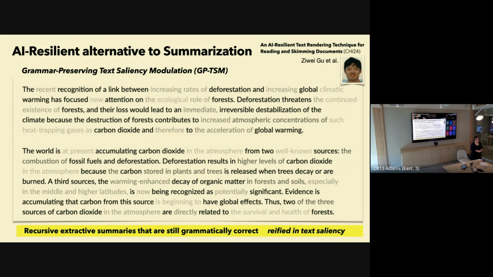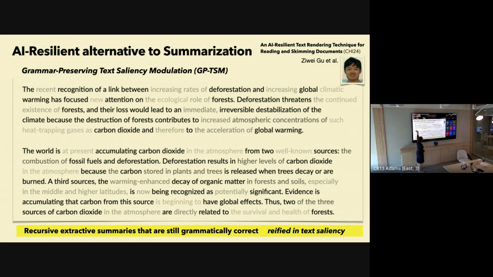So this is the first time we felt like we made a truly AI-resilient interface for the task of an alternative to a summarization feature, right? So here, because all the original text is there, the system, in these recursive extractive summaries, cuts out words while minimally changing the semantics of the original sentence at each sentence level, and what was cut out is still there.